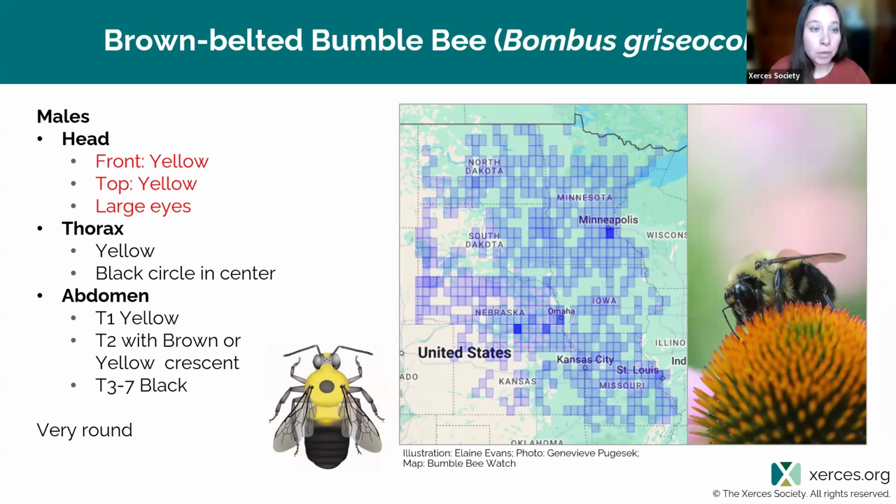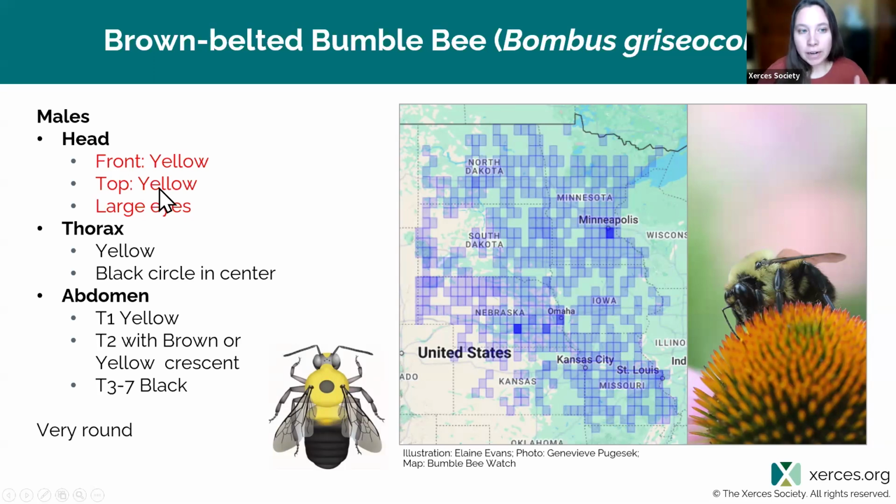The males look pretty similar to the females. They have a mostly black abdomen with a crescent of brown or yellow or orangish brown on T2, and then T1 is mostly yellow. They have a thorax that's yellow with a black circle in the center. And the thing that's really distinct about brown-belted bumblebee males is what's going on with their head.